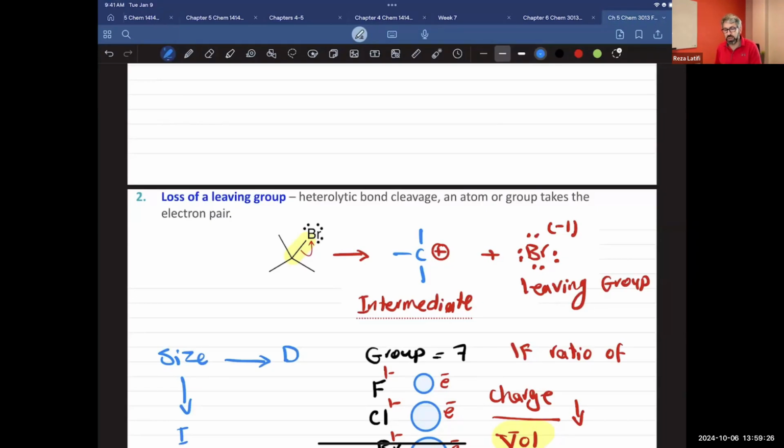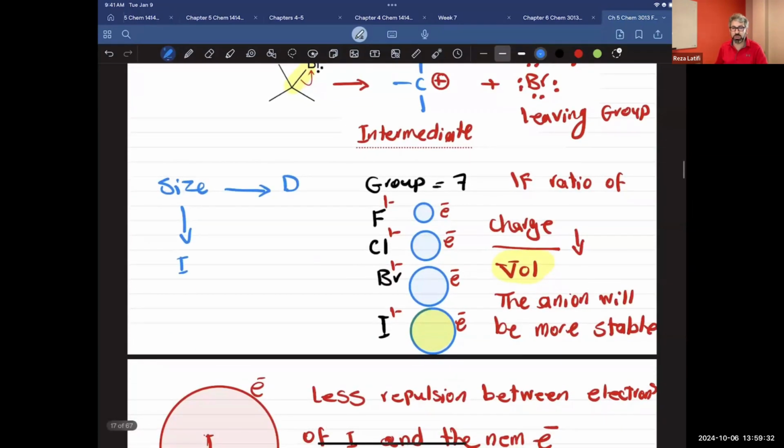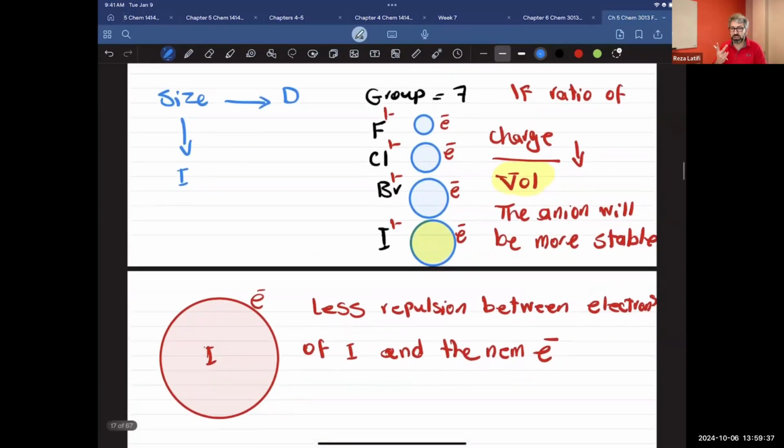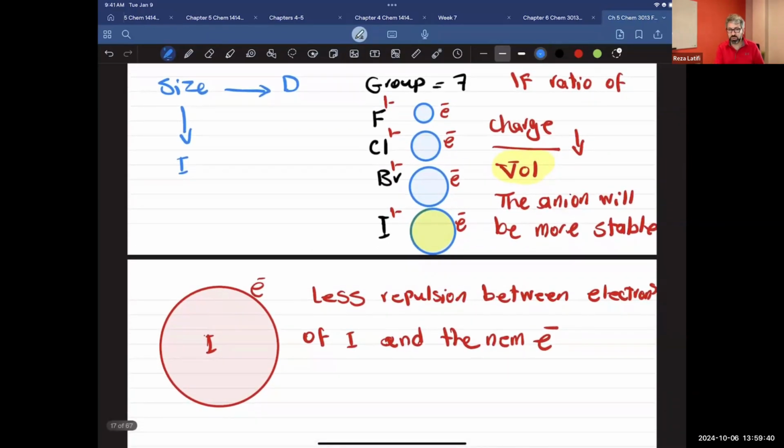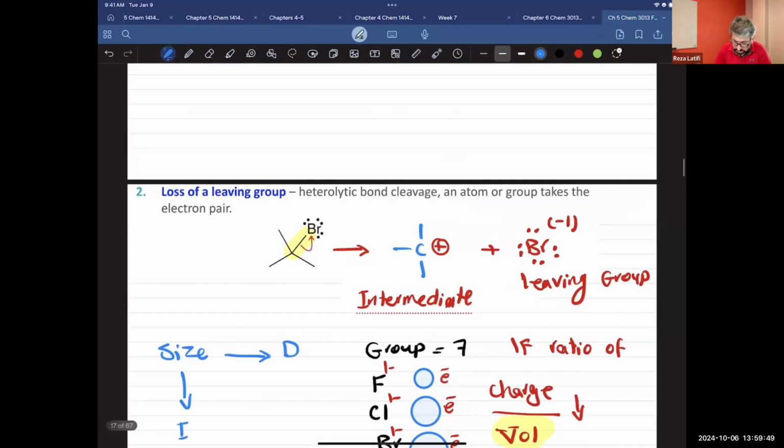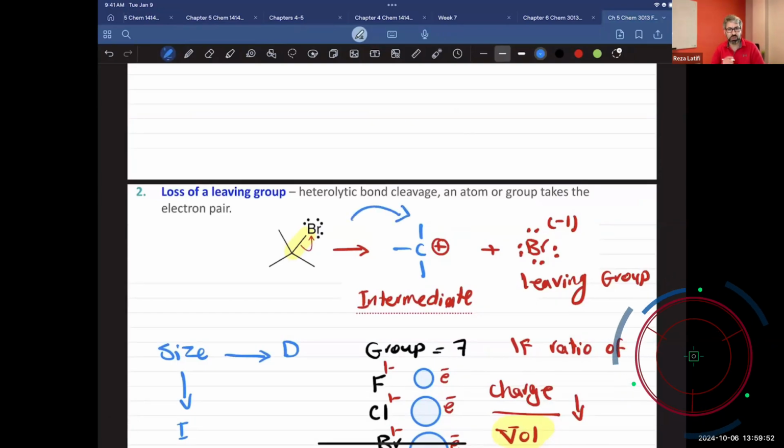Now, after breaking it, what will happen? You get an ion. Which anion is more stable? The one that has the biggest volume, and in this case, it will be iodide. So there are two factors: breaking the bond is easier for iodide, and when iodide is formed, it can easily handle the negative charge. That's going to favor the chemical reaction, and the reaction is going to move in this direction. Thank you very much. In the next lecture, I'm going to review other factors.